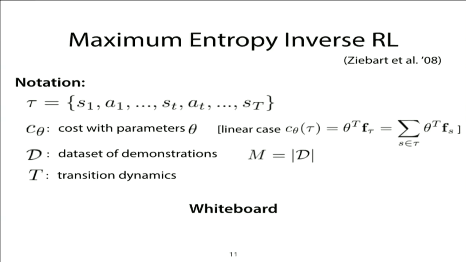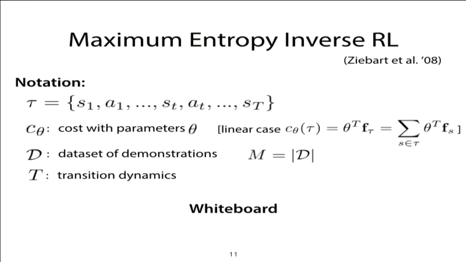Now I'll go to the whiteboard and I'll leave this up for reference when going through this. Tau and T are things that you've seen before. The main new things with this notation is that we're going to use C theta to denote the cost, and we're going to have this data set of demonstrations that we're learning from.